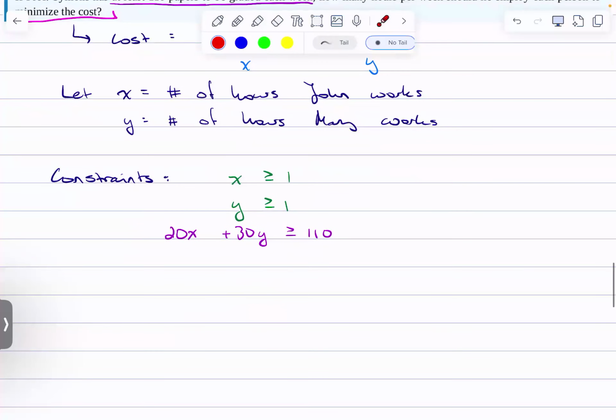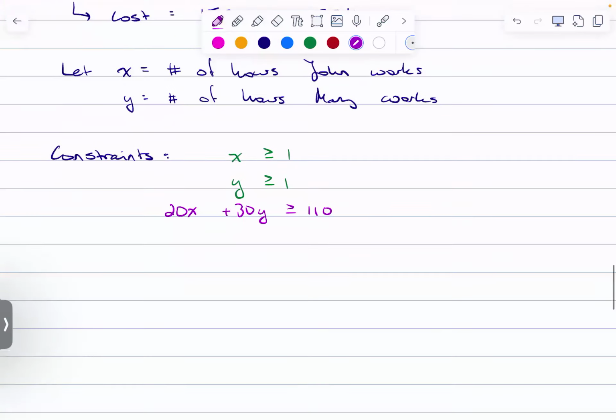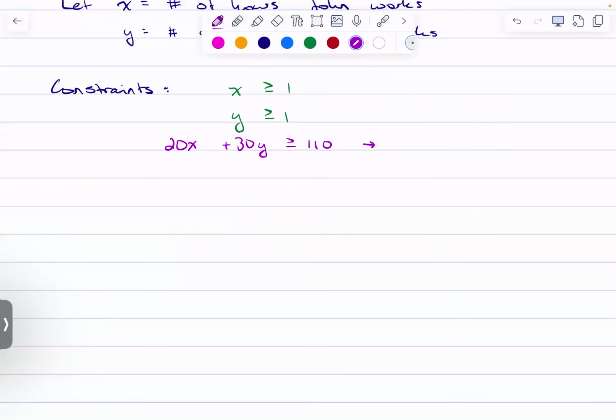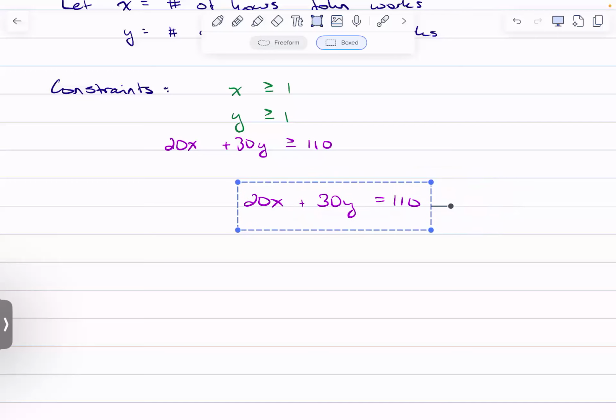Okay. So far, we're doing all right. How about for this line here, 20X plus 30Y, I'll reframe it as equal to 110. Then I'm going to rearrange for Y, just to make it a little bit easier for myself later on. Actually, let me bump this down here.